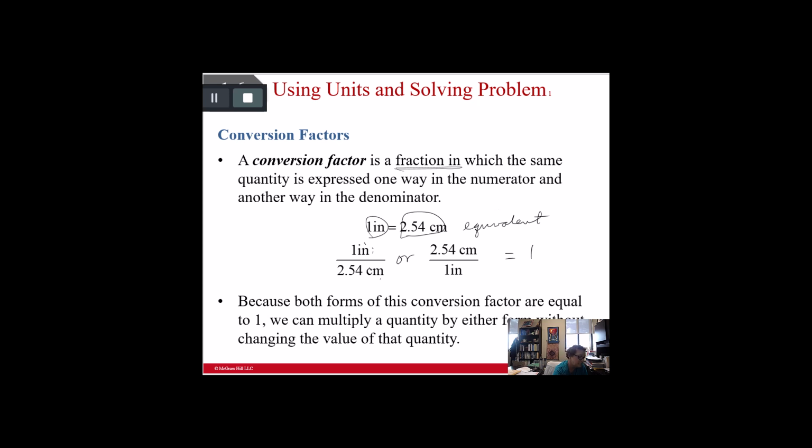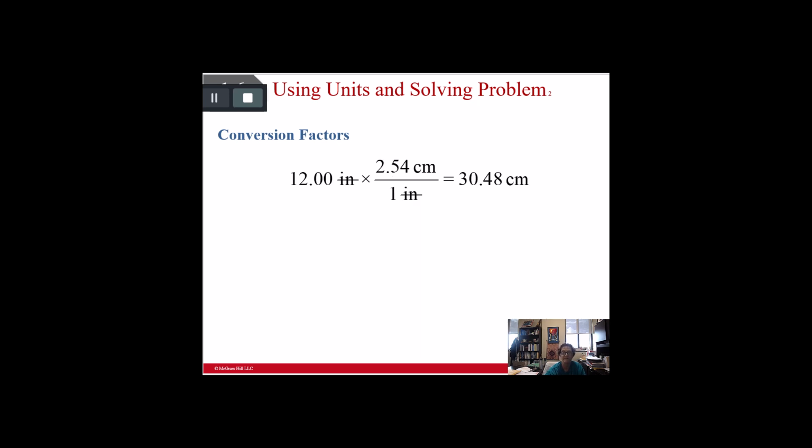When we're using those, whether it's 1 inch over 2.54 centimeters or 2.54 centimeters over 1 inch depends on what units you need to get rid of as you're working this dimensional analysis problem. What do I mean?